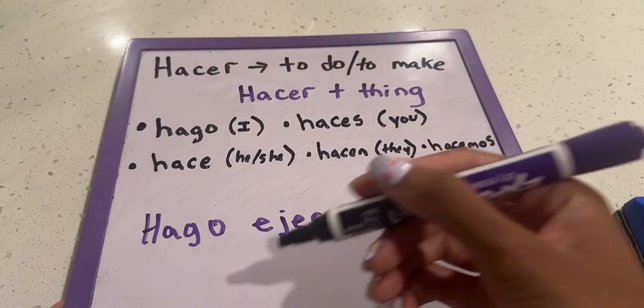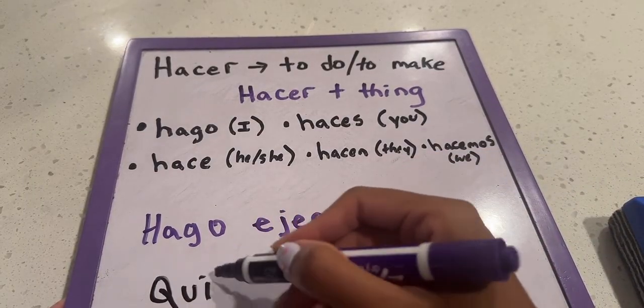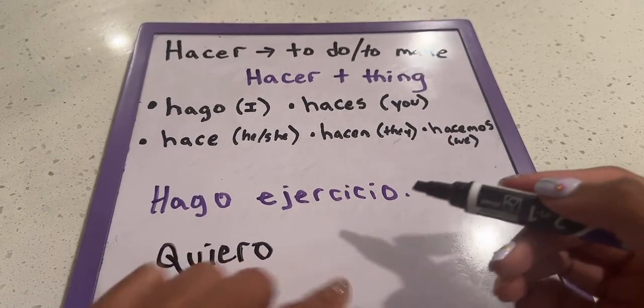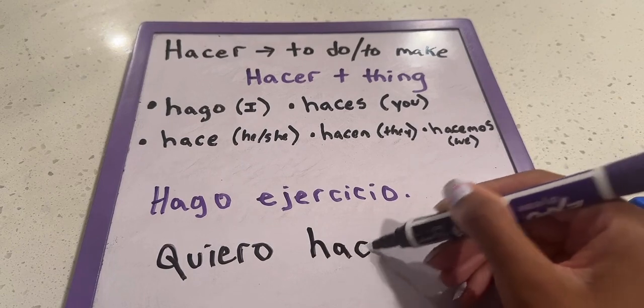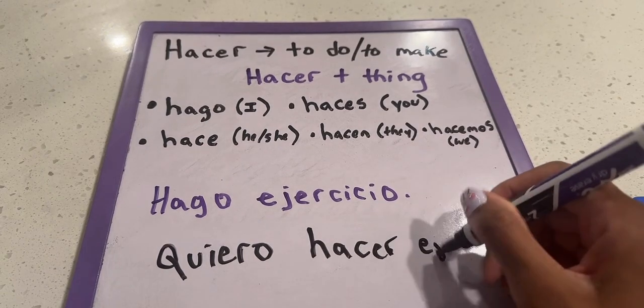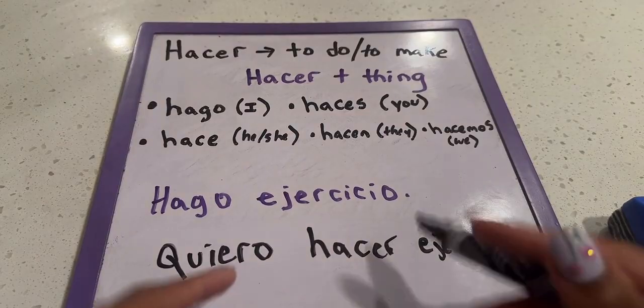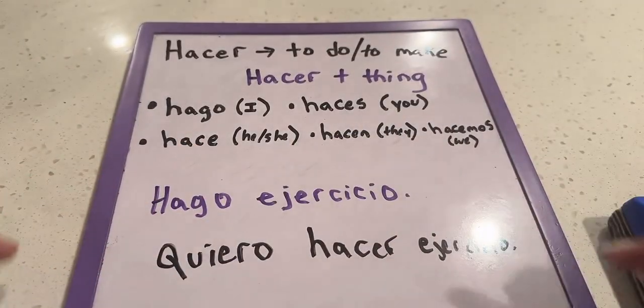Let's say, okay, I want to exercise. Remember we learned yesterday about the verb quiero? Now we can say quiero, which is I want. If we want to say I want to exercise, quiero hacer ejercicio. So this is a callback to what we did yesterday and how we can make a fuller sentence, because the more words you learn, the fuller your sentences can be.